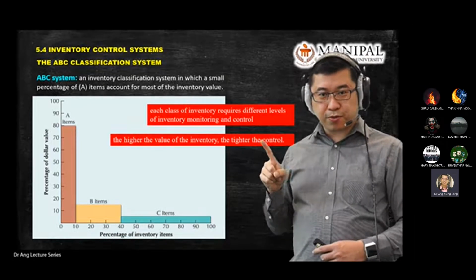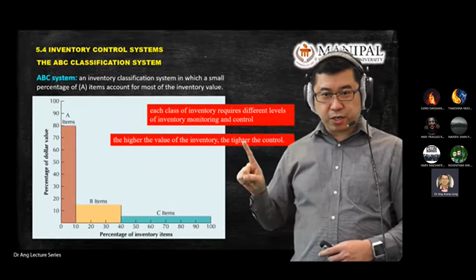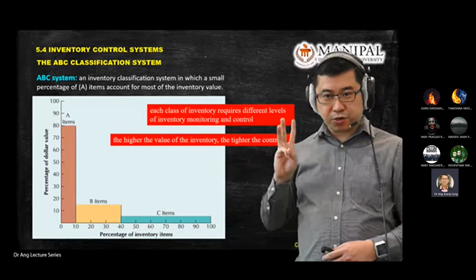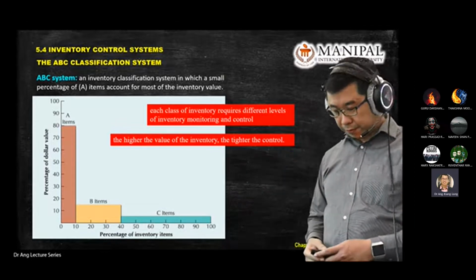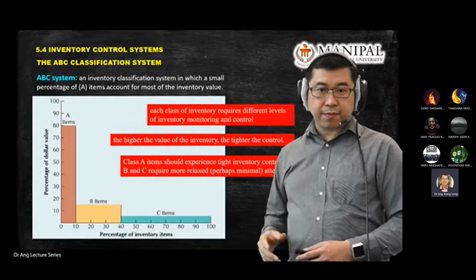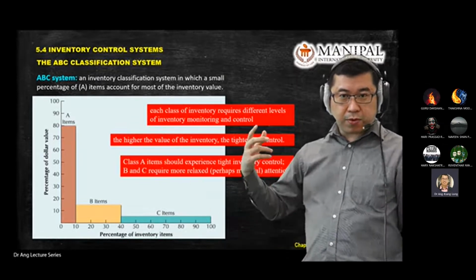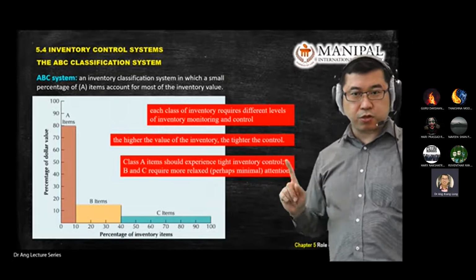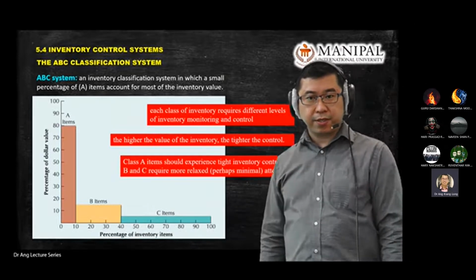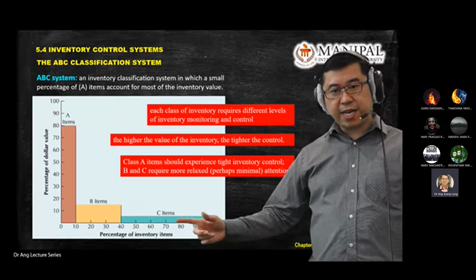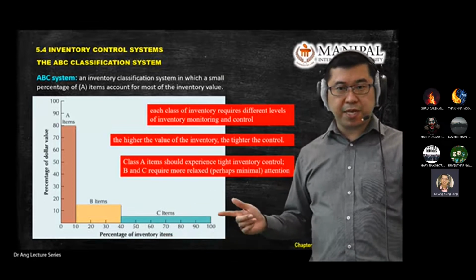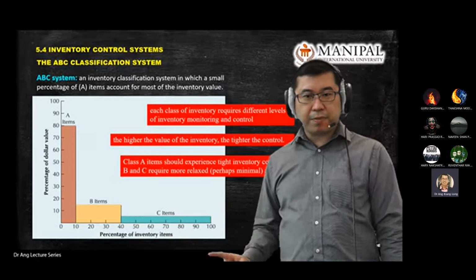For item A, you will watch very carefully on the 3 costs that we covered just now. A will have the tightest control in inventory. Okay, C you can say minimum, or maybe you don't even need minimum control, right?